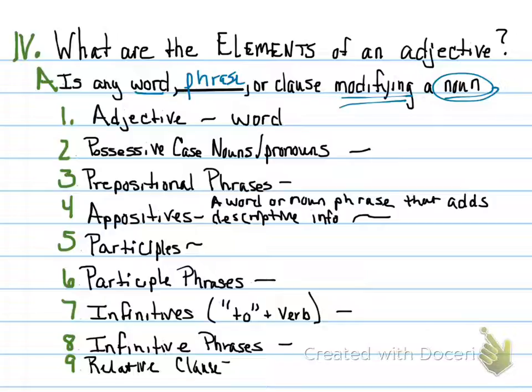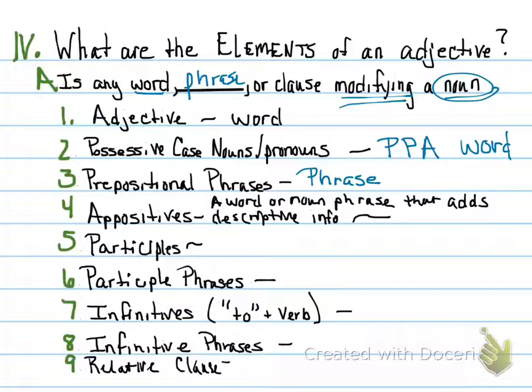The next element would be a possessive case noun, which we've talked about. His pajamas, which is possessive, and it is a pronoun, but it's being used as an adjective. So that is a word level element. And then, like I said, prepositional phrases, of course, are phrase level. So they're a phrase that is modifying the noun.